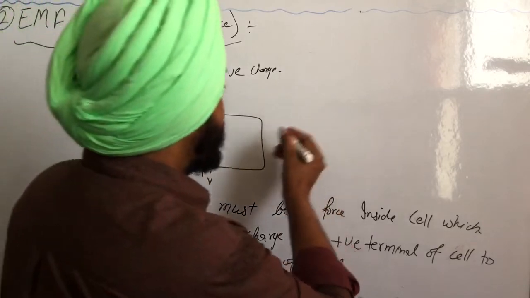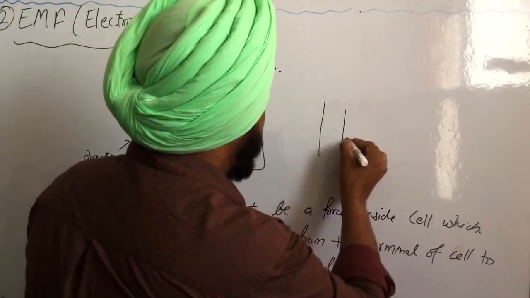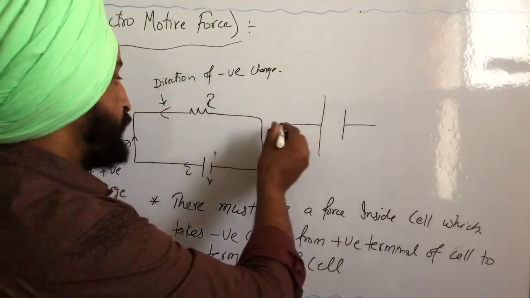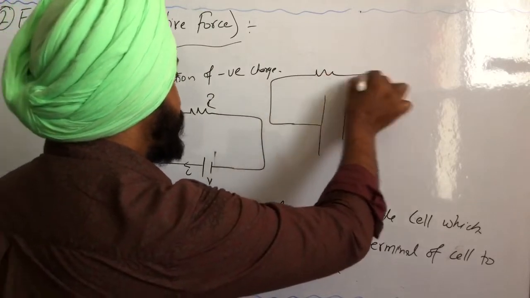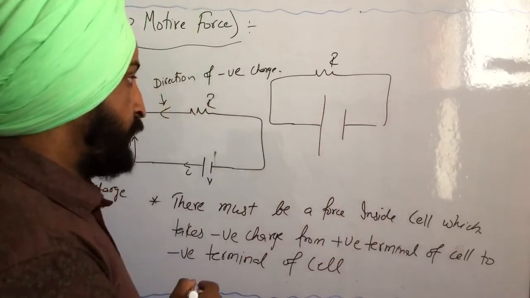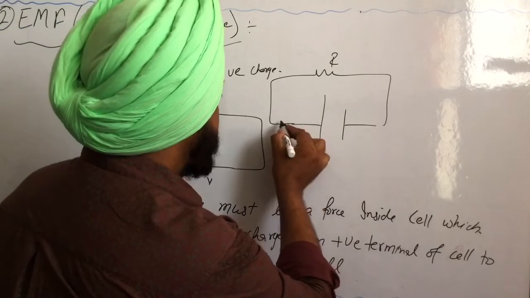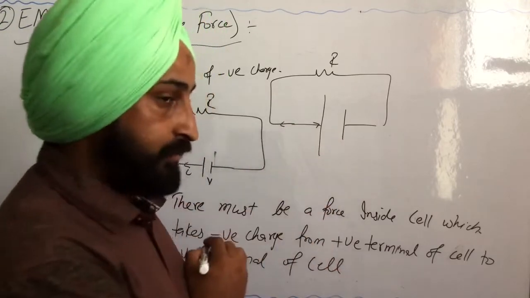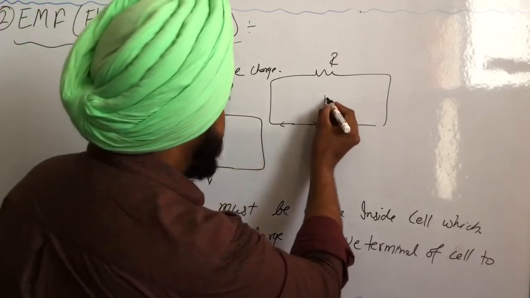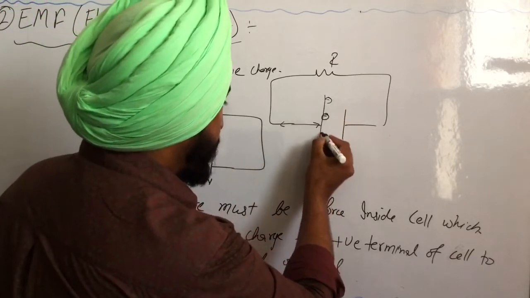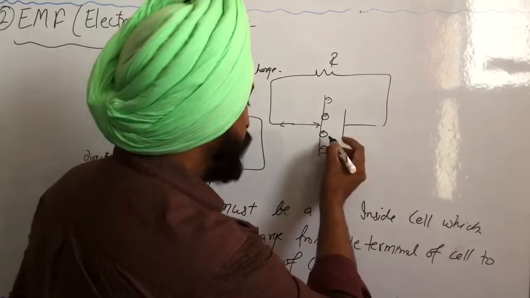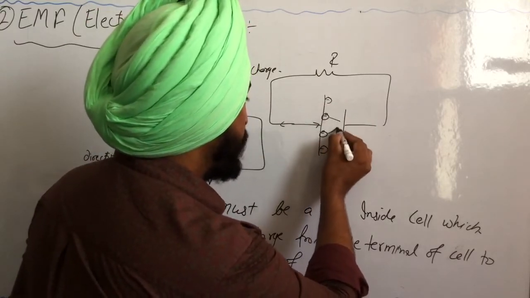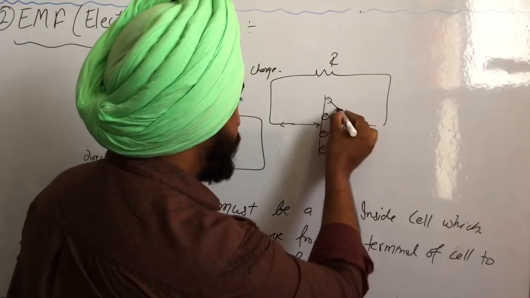So to understand it with more clarity, let us have a cell which is of course connected to some resistor. We know the positive charge will flow in this direction and negative charge will come to this positive plate. Due to this, the negative charge will start accumulating at the positive terminal of the battery. You have to take this negative charge from the positive terminal of the battery to the negative terminal of the battery.